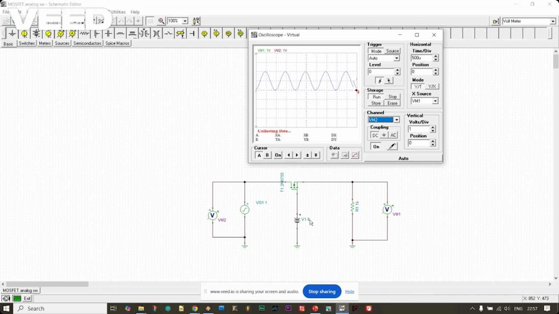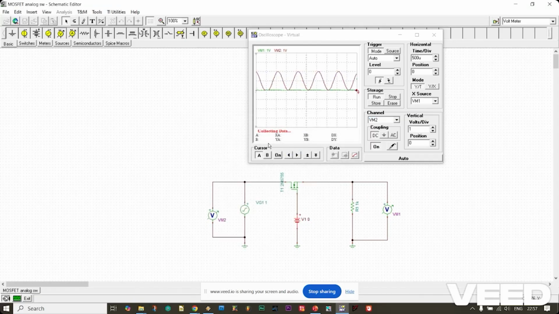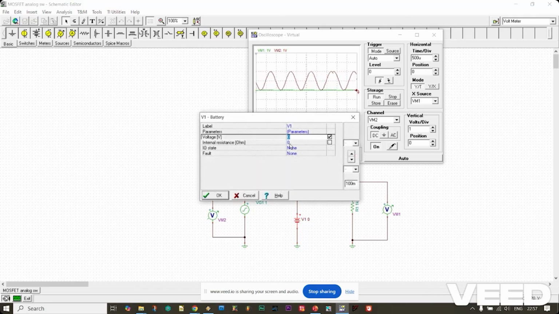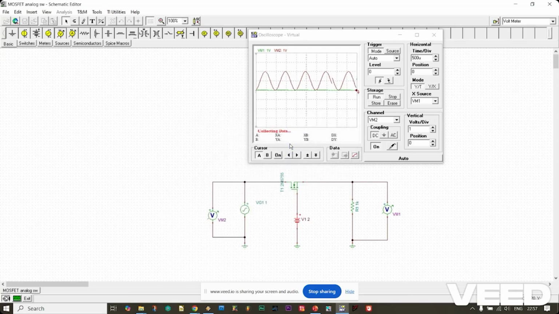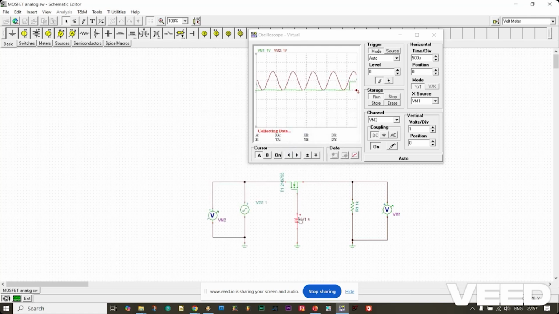See here. So when I turn off the VGS, that is the gate voltage here, let us see, the output goes low. See, the output is dead here. Okay, let us slowly increase the voltage, 2 volt. Again it is low. Let's keep it 4.